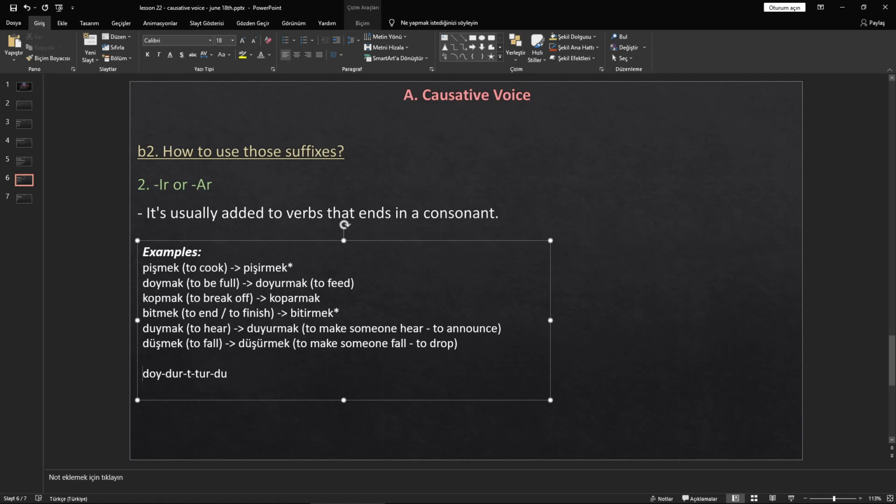This is triple. Let's do double. Doydurttu. This time I have two causatives, which is actually grammatical, but very redundant. Maybe double is a bit acceptable, but when it goes triple and 4 times or 5 times, it becomes very ridiculous.